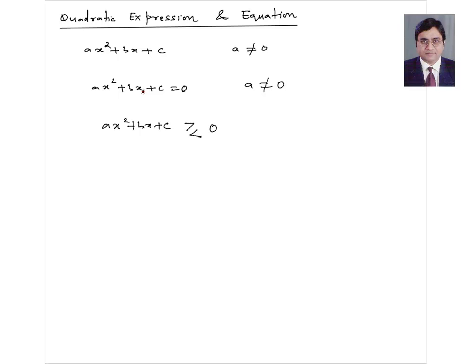In case of this, you know what are the roots? They will also be the zeros of this. Minus b plus minus root b square minus 4ac upon 2a. That thing. So those are the two roots of this equation.